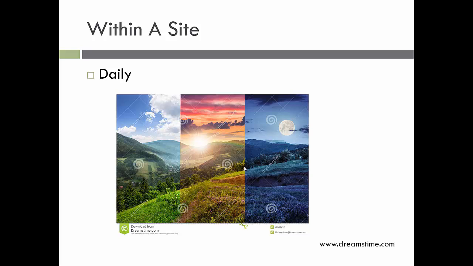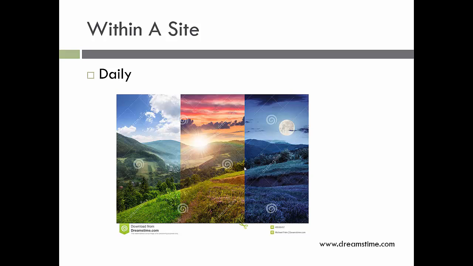It's also going to vary within a site daily. So we're going to see differences during the morning, during the afternoon when it's hottest. We're going to see those growing spaces change within a site within the day. We're going to see how plants respond.